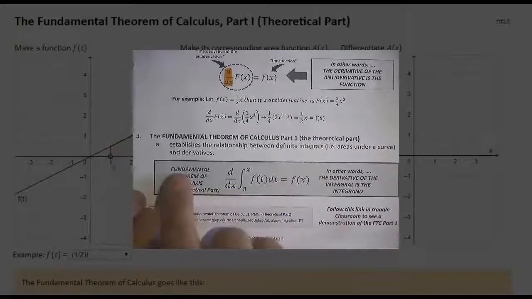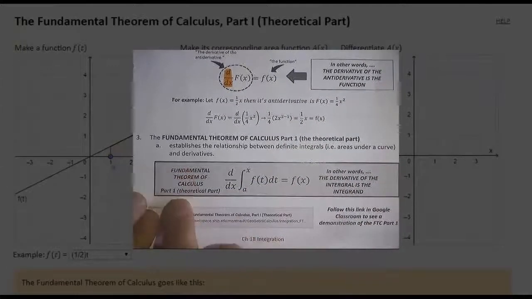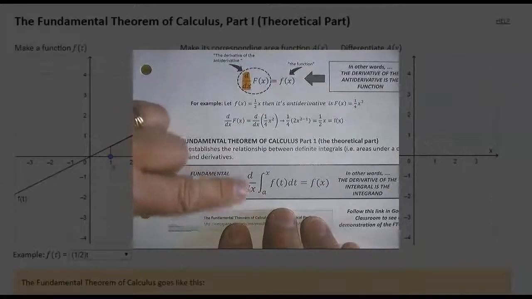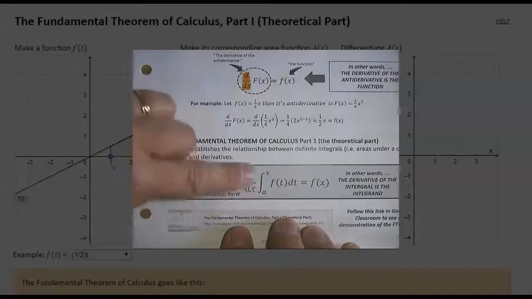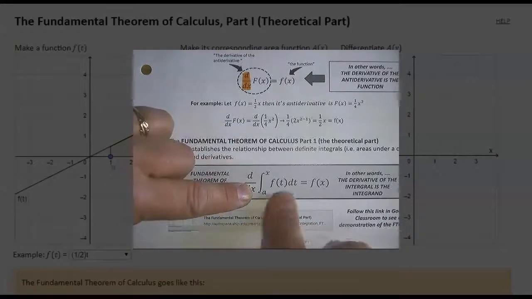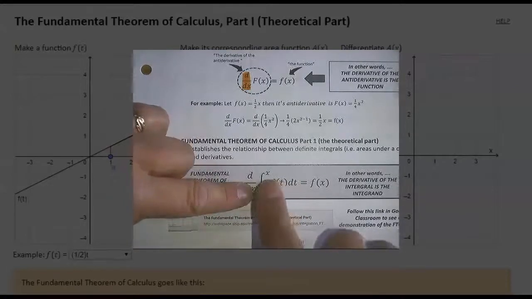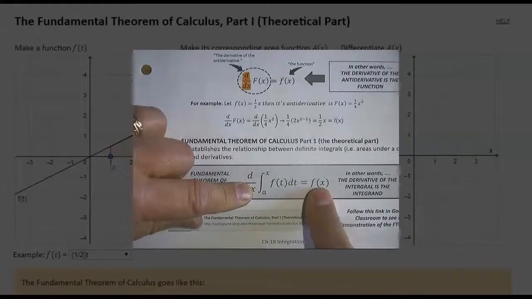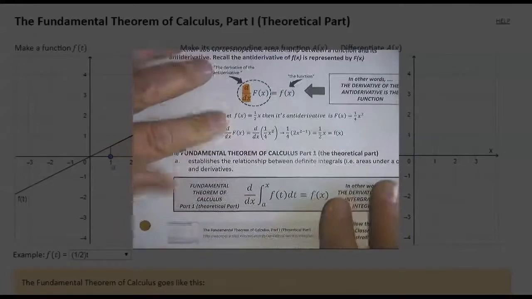All right, what the fundamental theorem of calculus says is, when I see this right here, guys, what do I say? Derivative. So the derivative of the integral equals the original function. So it's just like this.